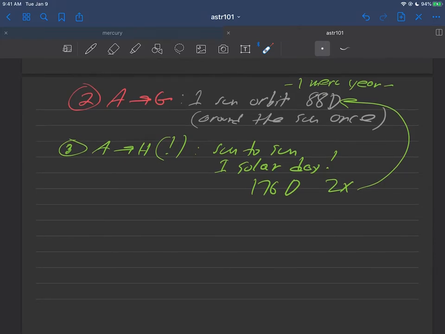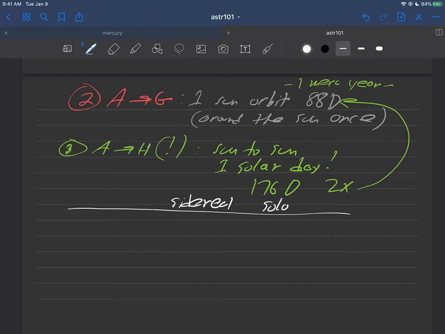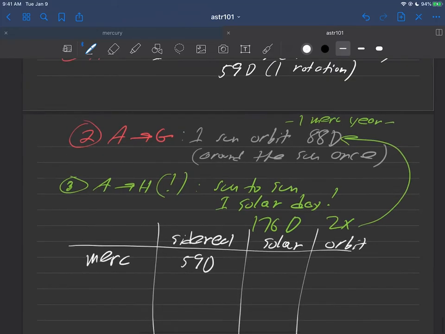So a bit of a recap then. Let's just bring it all together now, because that is the interesting aspects about Mercury's timing. So I'll make a little table here: sidereal, solar, and the orbit. We'll just compare the Earth and Mercury to bring it all together here. So on Mercury, just to rehash all the numbers here, the sidereal day was 59 days.